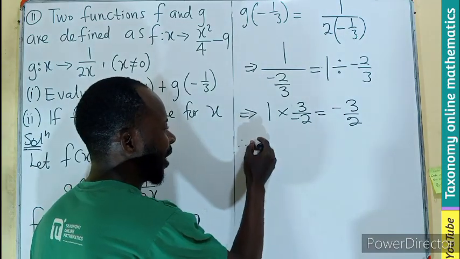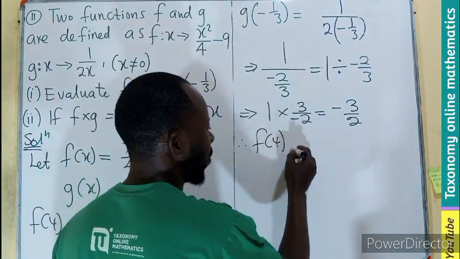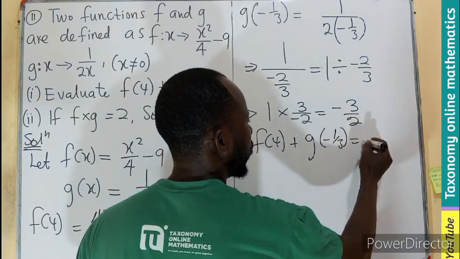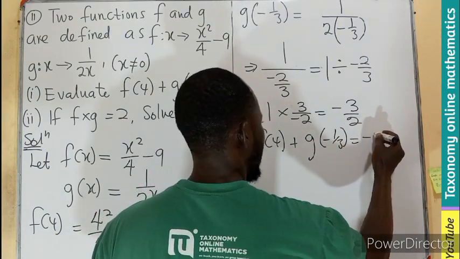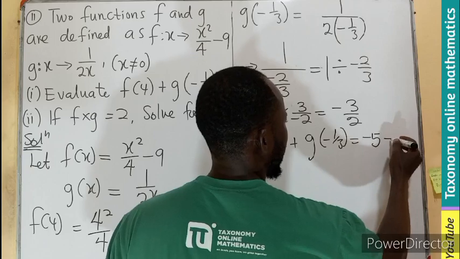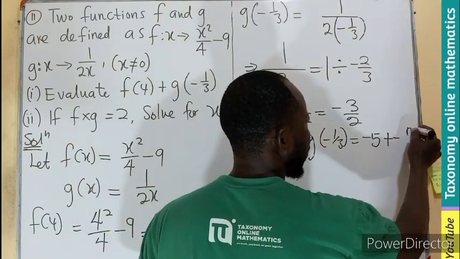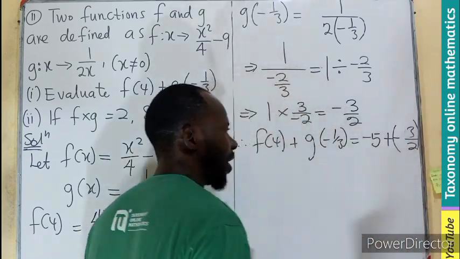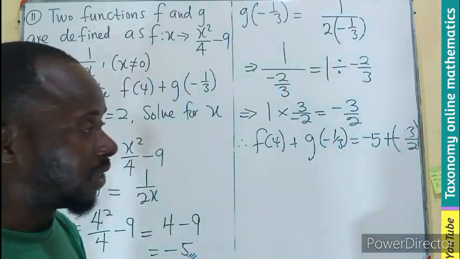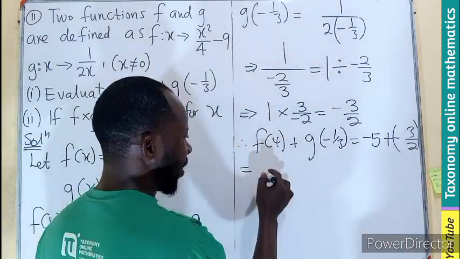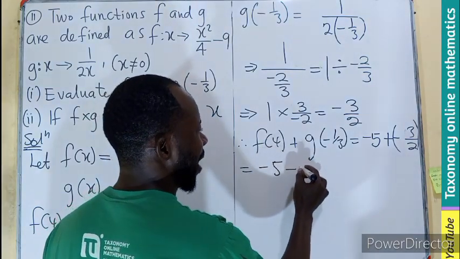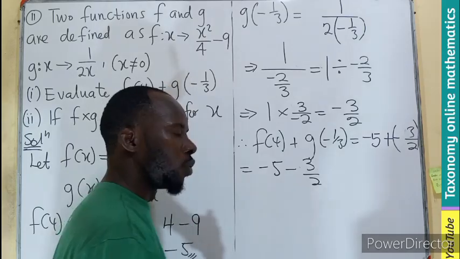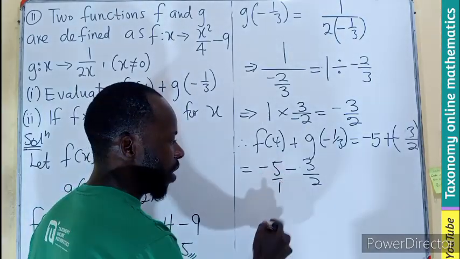So that simply means f of 4 plus g of negative 1/3 will be equal to minus 5 plus negative 3 on 2. You know the negative will take effect for the positive. So I'll be having negative 5 minus 3 on 2. This is going to be over 1.